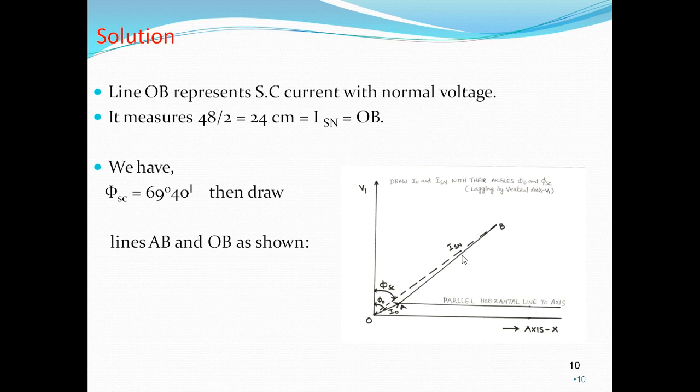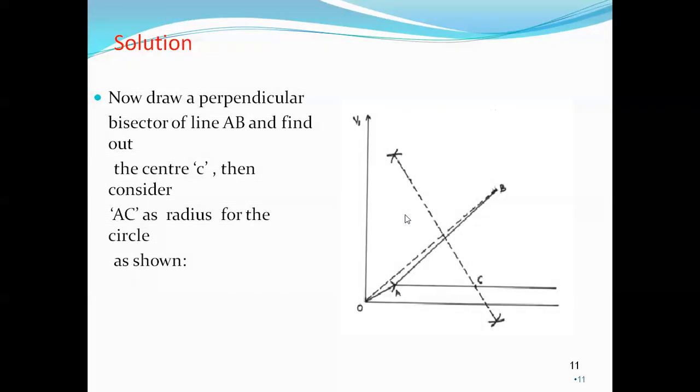Take a compass and take a radius more than half and draw two arcs, one on top and one on bottom. Similarly with the same radius, with B as center, draw another arc which cuts this top and bottom arc. Then join these two.